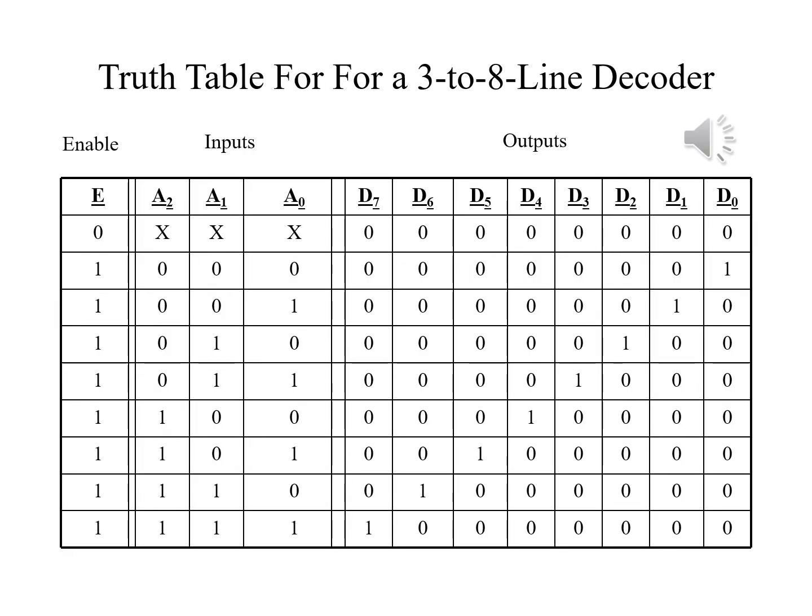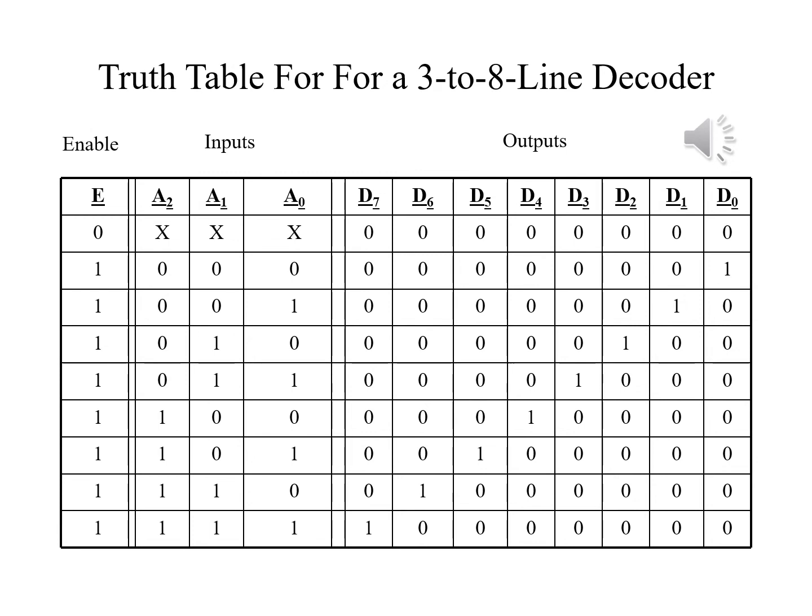The truth table tells us a great deal about how a 3 to 8 line decoder works. If the enable is 0, it doesn't matter what the three inputs are. All 8 of the outputs will be 0. Once we allow the enable to be 1, it will look at the 8 different possibilities for input, depending on how we combine the three values, A2, A1, and A0.